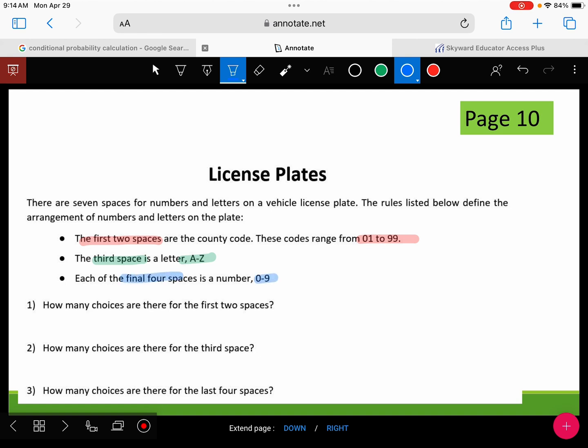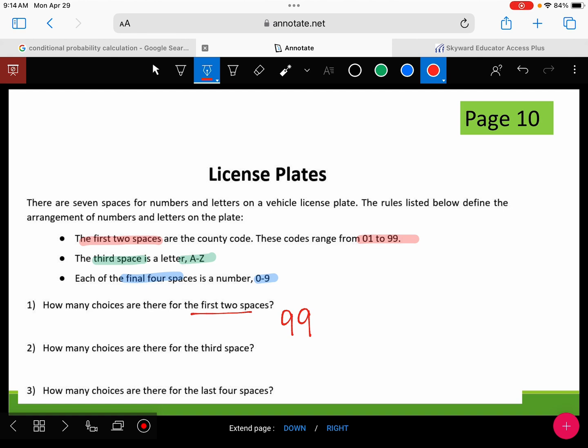So how many choices do I have for the first space? If I count from 1 to 99, that means that for the first 2 spaces, I have 99 choices. So there's 99 because between 1 and 99 is 99 numbers.